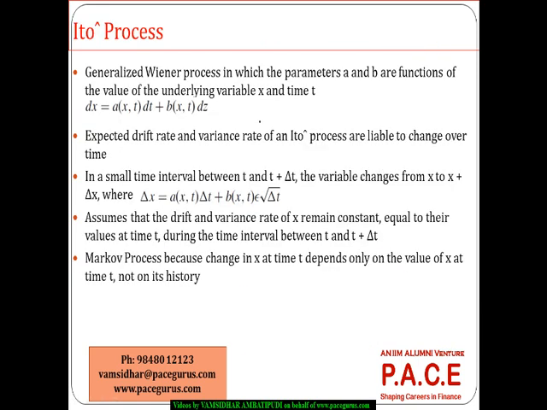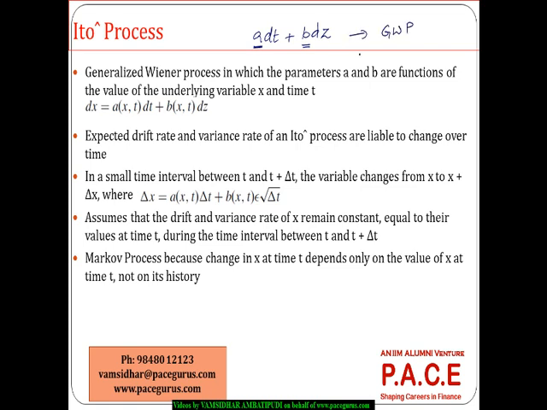Now an improvement on that generalized Wiener process, where we said a dt plus b dz. The interesting part is, if a and b are constants, it's a generalized Wiener process.